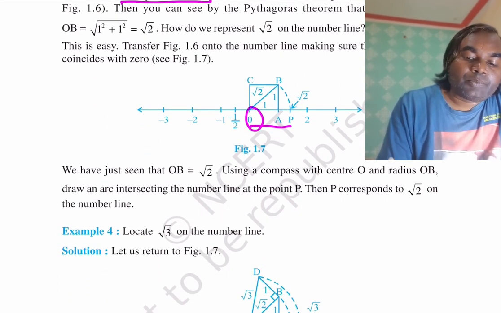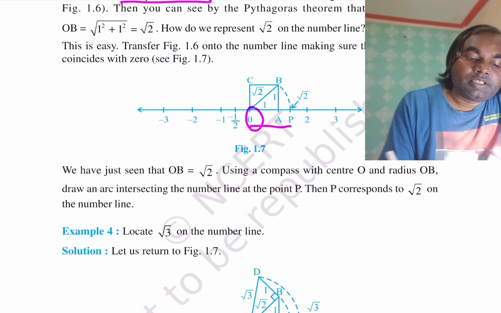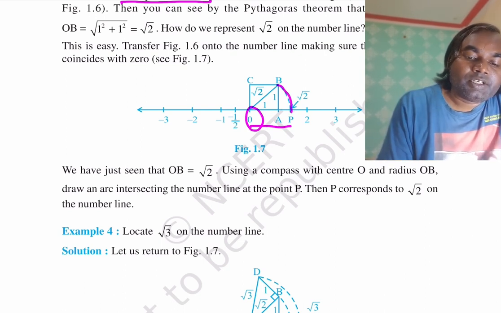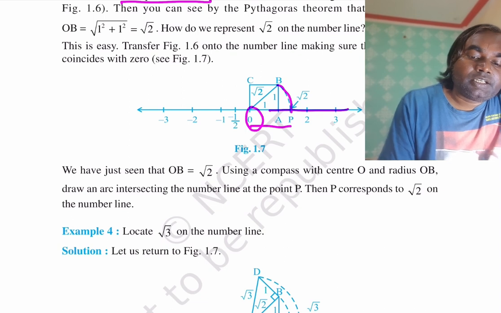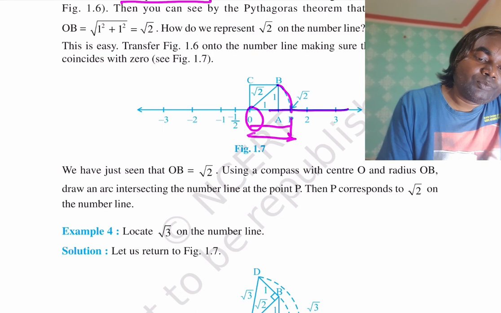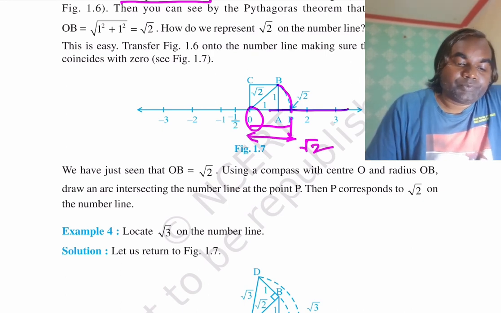Using a compass with center O and radius OB, we draw an arc from B to P on the real number line, and where it cuts, OP represents the value of square root 2.